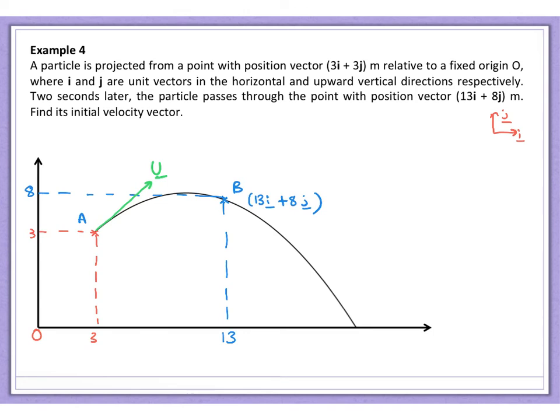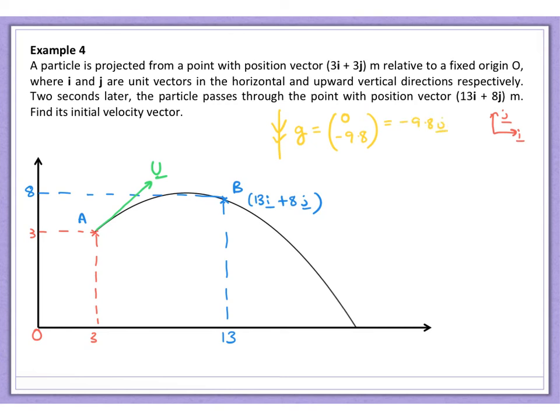Let's draw on the direction of the acceleration due to gravity, which is g. Now, if we wanted to write g as a vector, we can do that. It would be 0, negative 9.8, because again, j is defined as being upwards, or negative 9.8j.